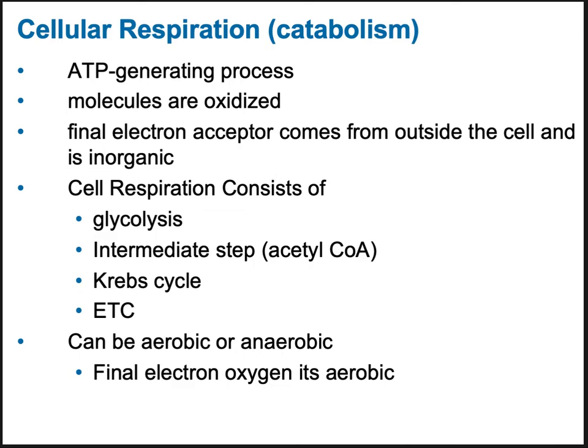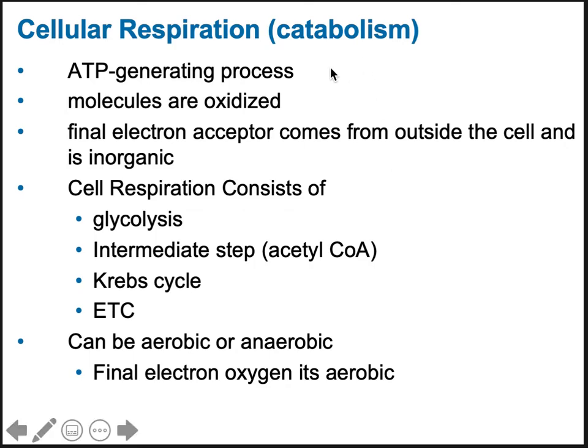And that final electron acceptor will come from outside of the cell, and it will be inorganic. For us, it's oxygen. For a lot of microbes, it's also oxygen. But we do have a subset of microbes that can use an alternative electron acceptor. And so because it's not using oxygen in that case, we call it anaerobic respiration.